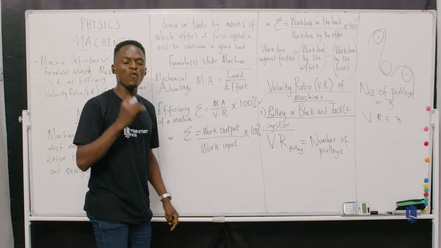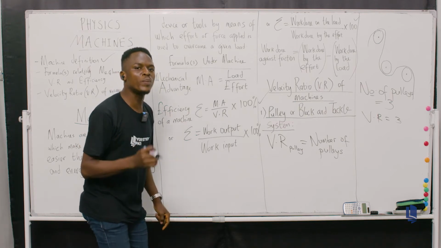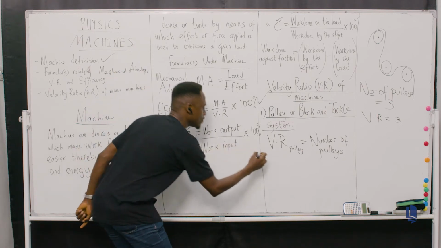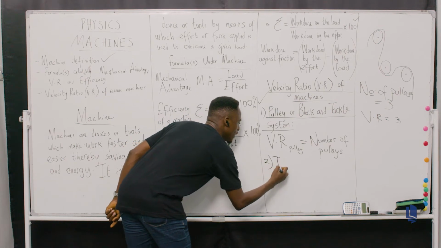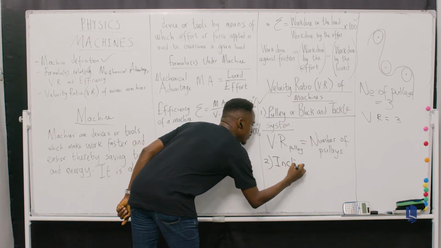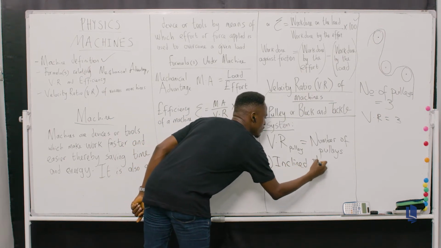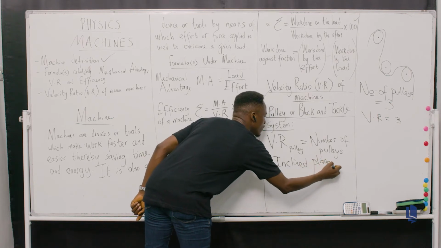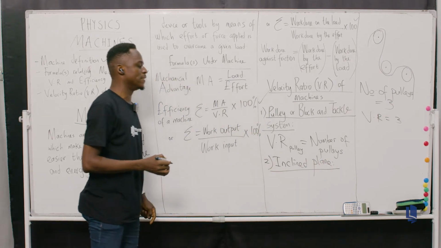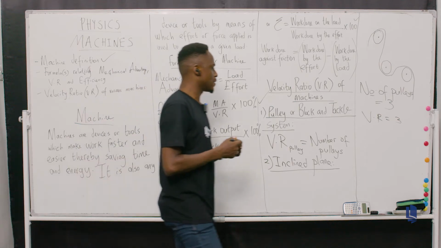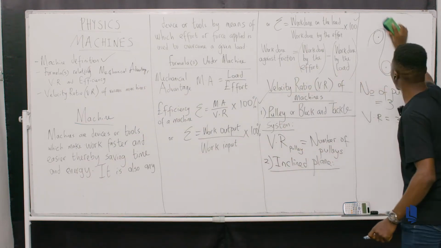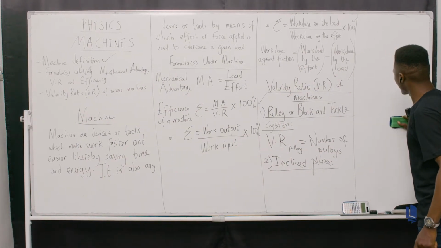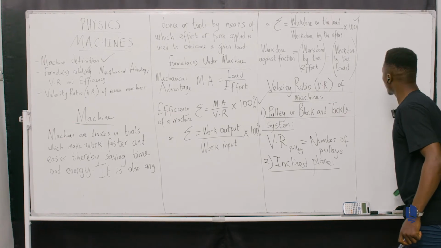The second type of machine we'll consider will be your inclined plane. Number 2, inclined plane. How do we get the velocity ratio for an inclined plane? Okay, let's have it here.